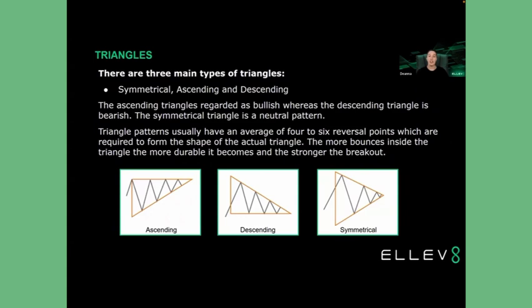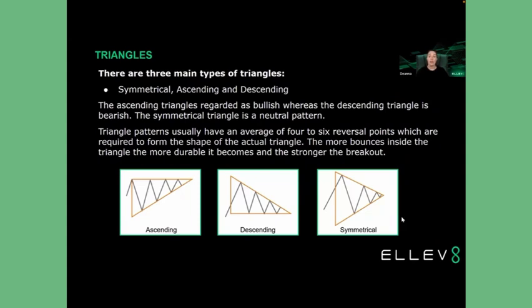Now, triangle patterns usually have an average of 4 to 6 reversal points, which are required to form the shape of the actual triangle. The more bounces inside the triangle, the more durable it becomes and the stronger the breakout is going to be. Now, guys, what I really want you to notice on triangles, because they're going to look very similar to pennants, is that the key when looking for triangles is the amount of touches in it.